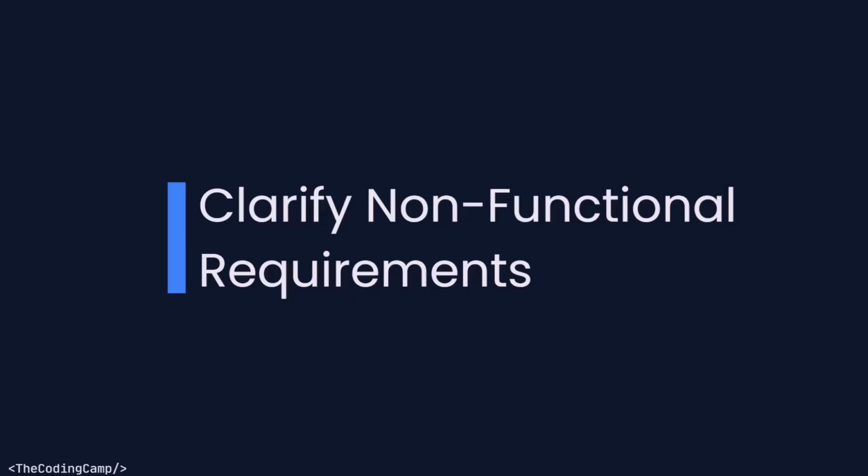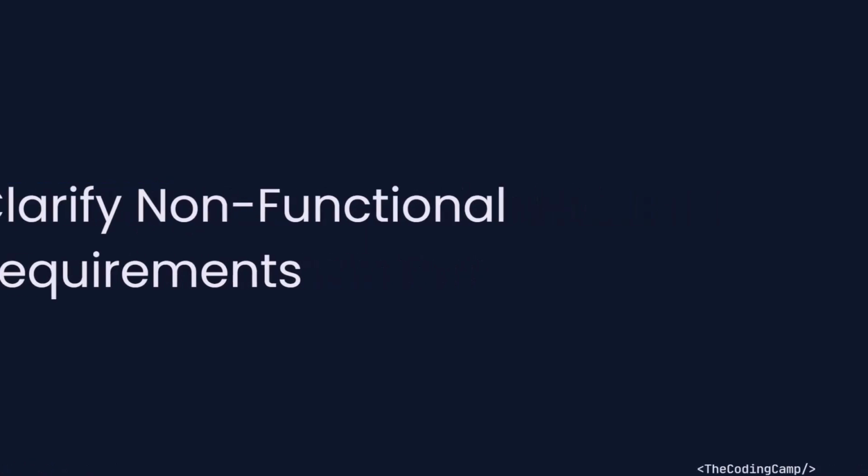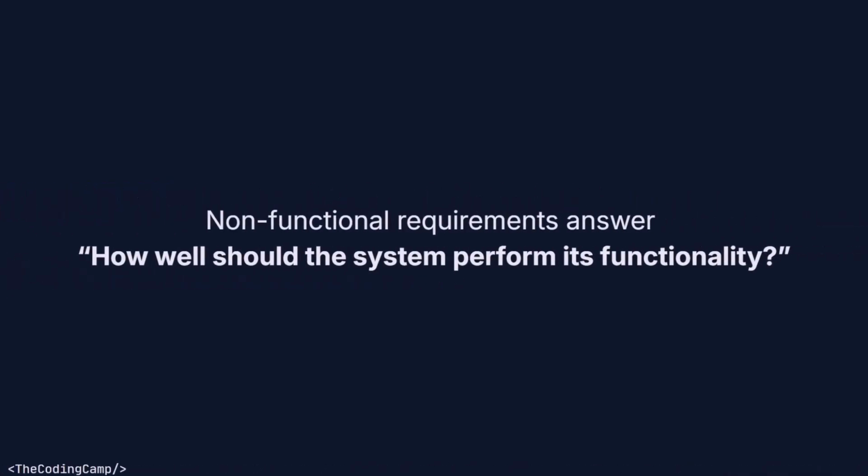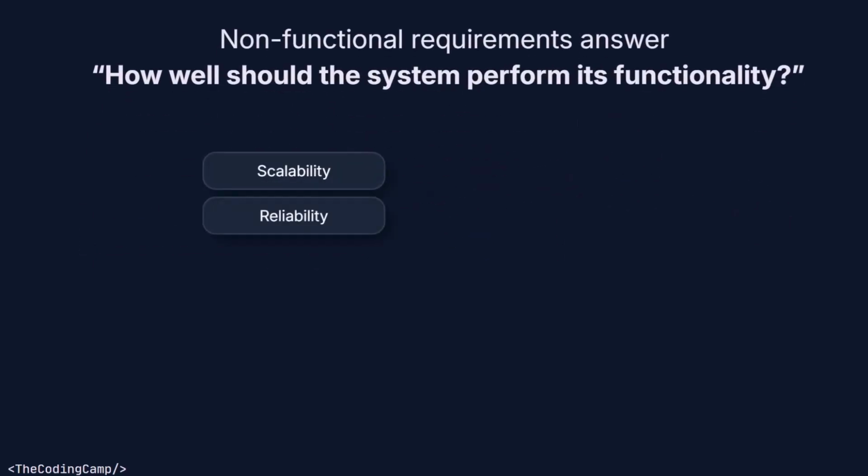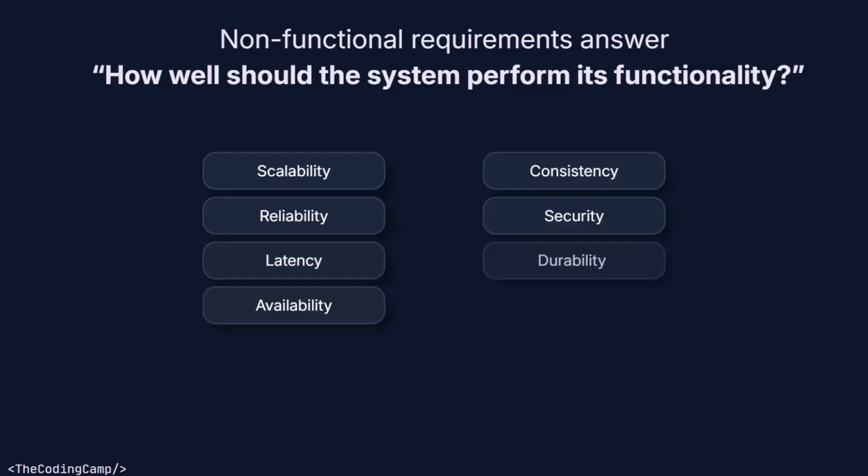Functional requirements answer what the system should do, while non-functional requirements answer how well the system should do it. These include things like scalability, reliability, latency, availability, consistency, security, durability, and cost efficiency. Imagine this interview question: design YouTube.